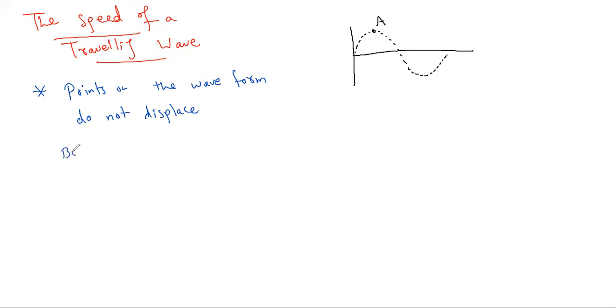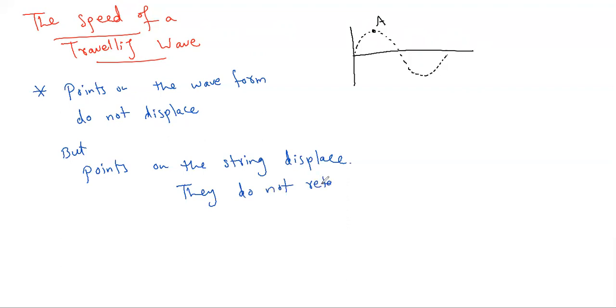But points on the string displace. They do not retain their position. So what does this mean?